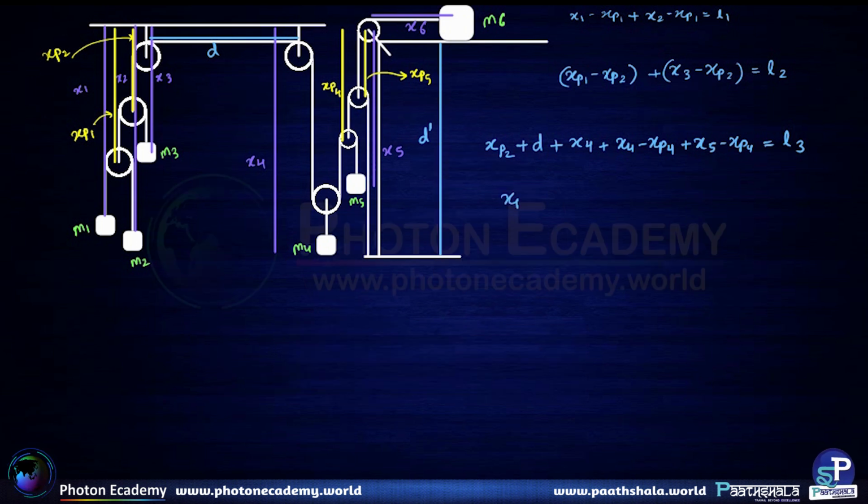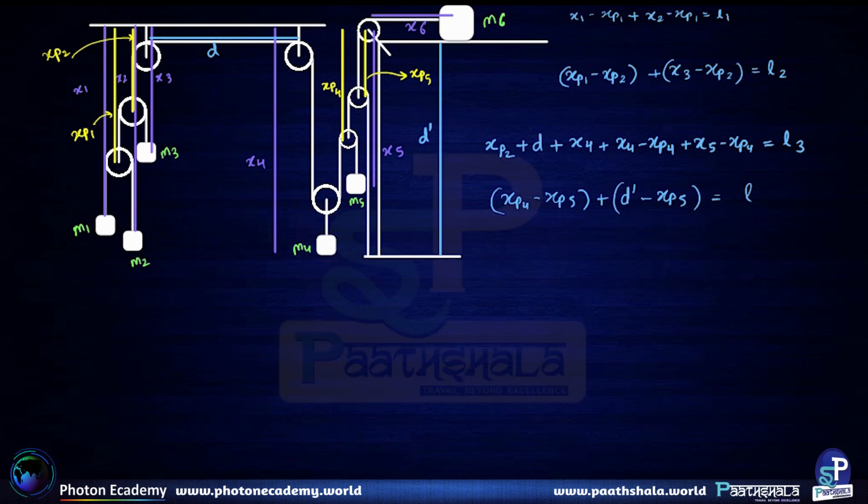So xp4 minus xp5 plus d dash minus xp5. All these constants like d and d dash get differentiated out to be 0 while finding velocities or accelerations. So this is L4, the length of string 4.